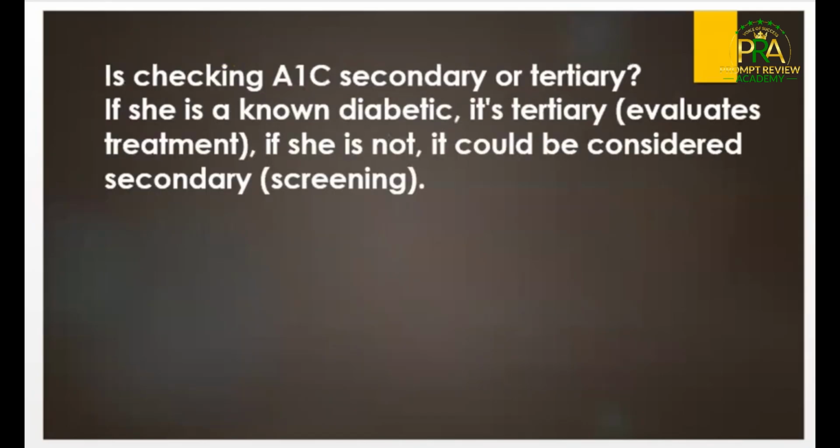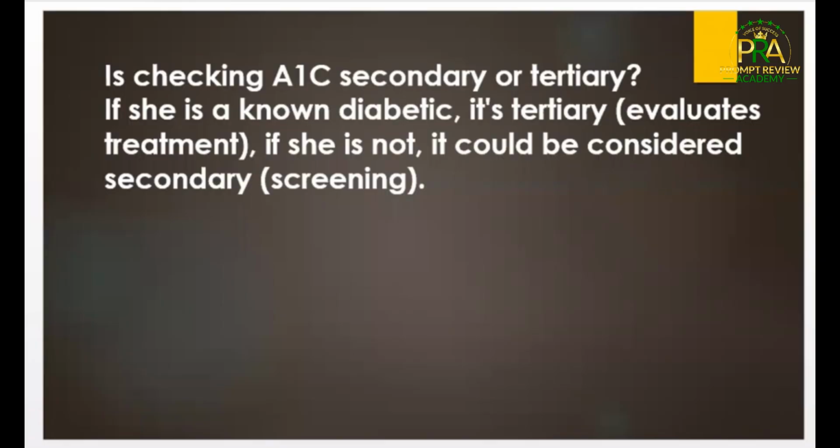So for example, these are the ones that can confuse somebody if you're not careful. A1C can be secondary, it can be tertiary. It can be secondary if, for example, somebody comes in and this is the first time you are making the diagnosis of diabetes, and you want them to do the A1C.